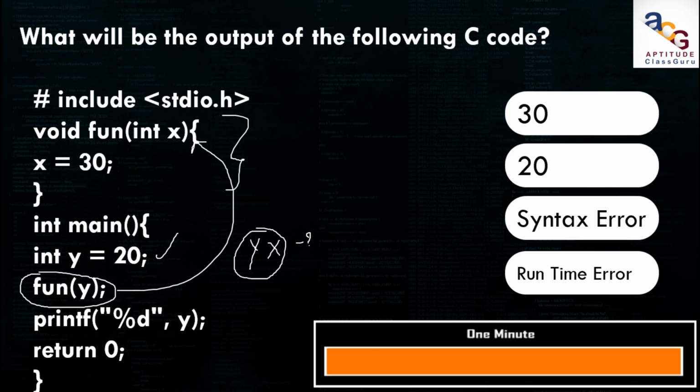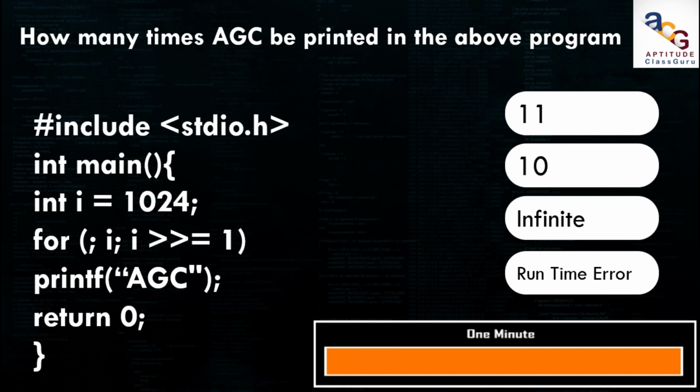Here the function is defined as a call by value function. Call by value functions cannot change the variable values. So it can't change the value of y. If you use the call by reference method, then only y will be changed. He has used the call by value method, so y value cannot be changed. So y remains as 20. So the answer is 20.